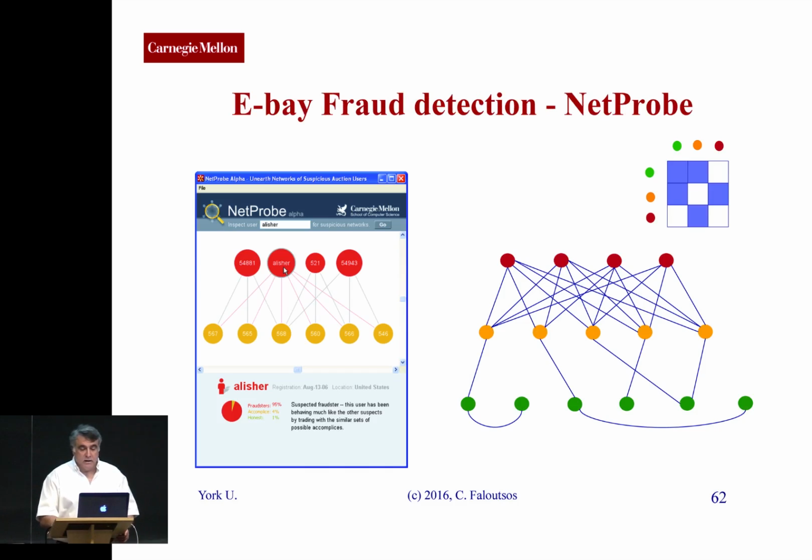The red means fraudster, yellow means accomplice, we'll describe it, and green are honest people. This is what our algorithm comes up with. And what the fraudsters are doing is creating probably sock puppets. Maybe this is the same person, Smith123, Smith124, Smith125. This is Johnson123, Johnson124. But what is happening is Smith123 is there for a long time, has been with eBay for several years.